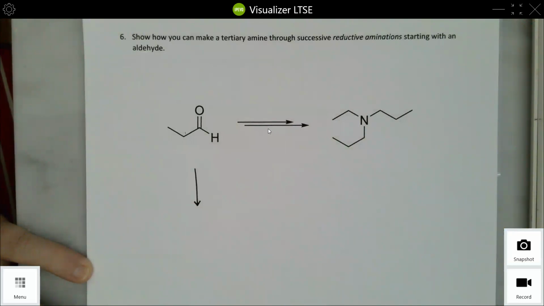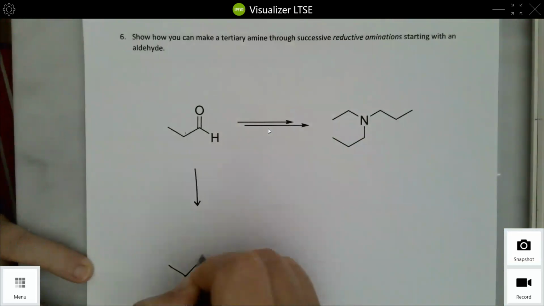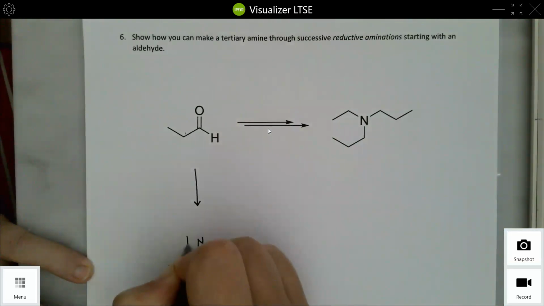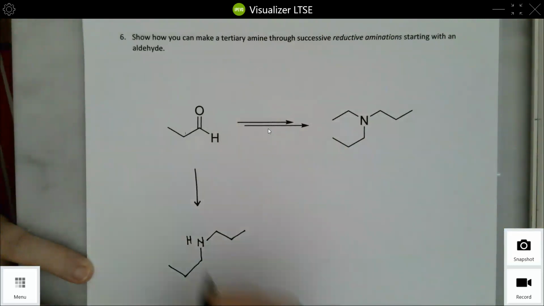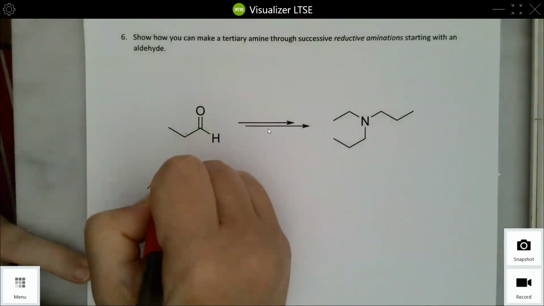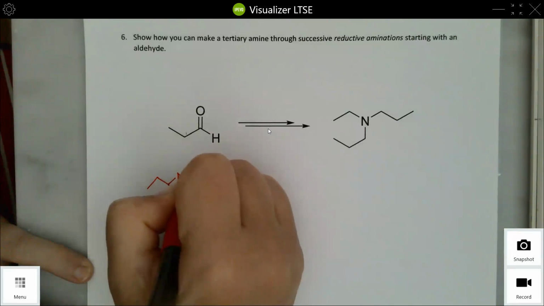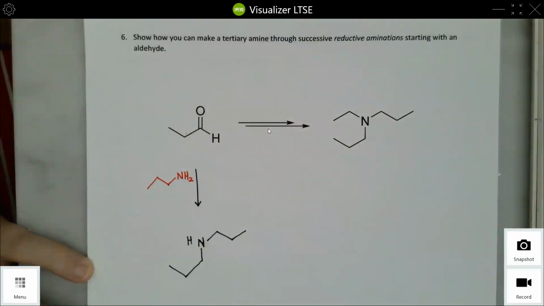And then I'm going to target forming this one because I'm going to add in a propylamine. And it could have the opposite order where you added the ethylamine, which would have also been fine.